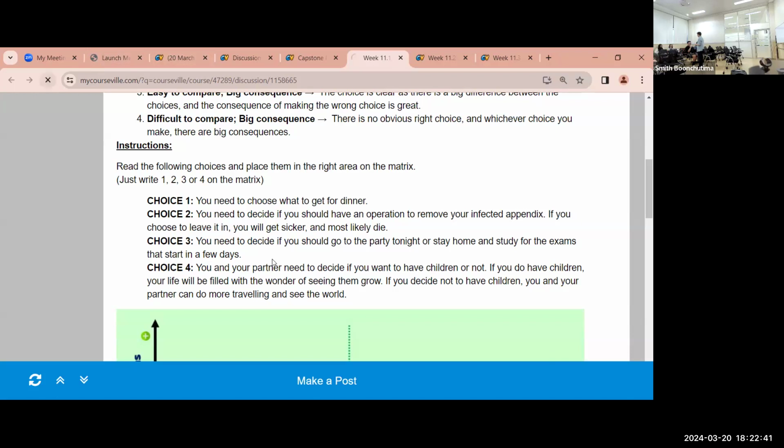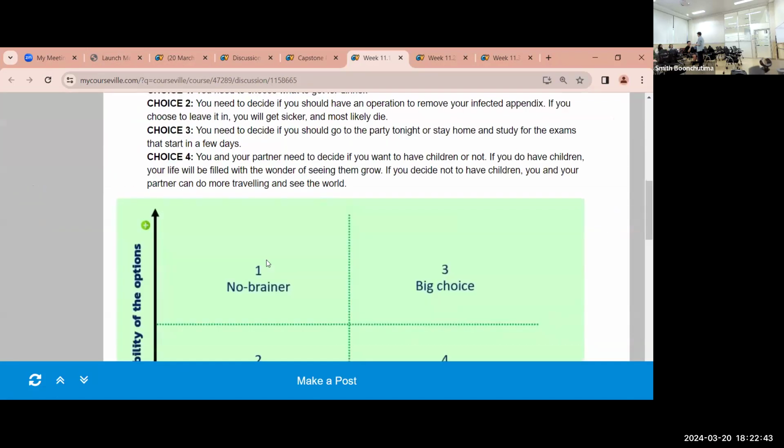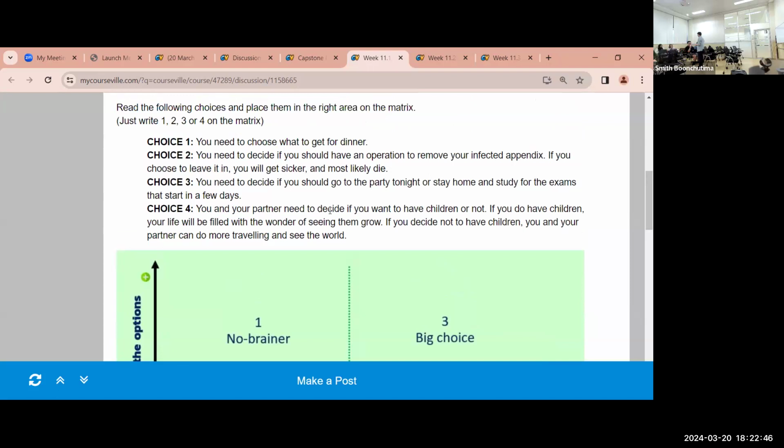Because I cannot decide what we're going to eat for dinner because I have limited choice. When I come to school, university, I can only eat around Sanyang or something, but at my home, I can only have Grab. Okay, you have Grab, so you can choose a lot of things. So it's hard for me to choose what I'm going to eat.